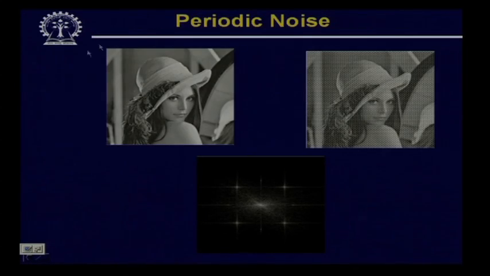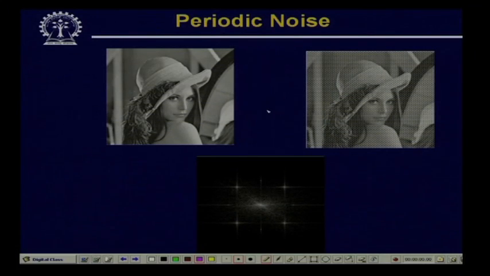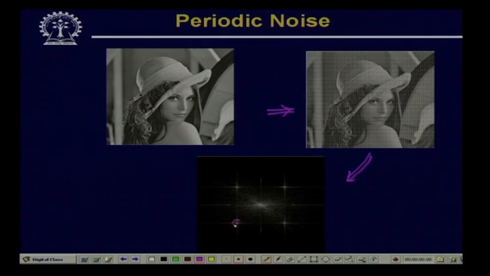Here you find that we are taking the same image which we have taken a number of times earlier, and if you look closely at the rightmost image, you find that it is contaminated with periodic noise. If I take the Fourier transform of this, you find that in the Fourier transform there are a few bright dots: one here, one here, one here, one here, one here, one here, one at this location and one at this location.